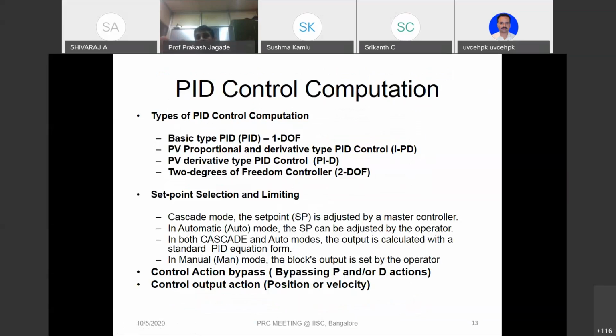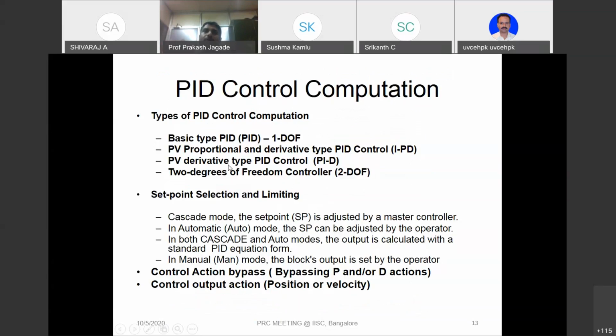So let me explain the features of the algorithm which we have ported in the CDAC hardware. The algorithm can support basic type PID or IPD or PI-D or 2 degrees of freedom PID control structure. Those are the various types of PID controller computation that can be performed in our controller.